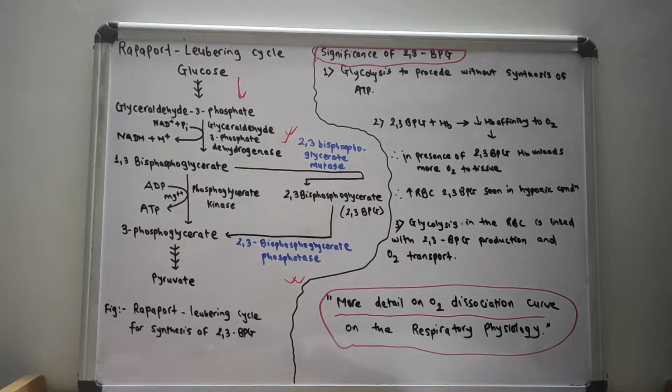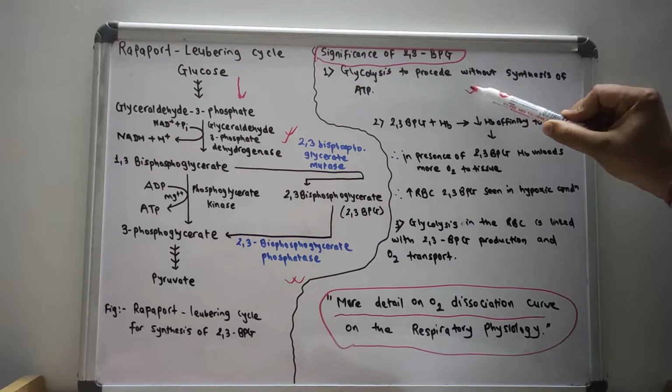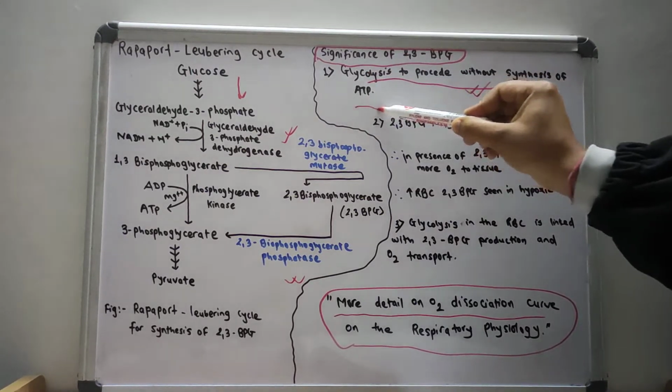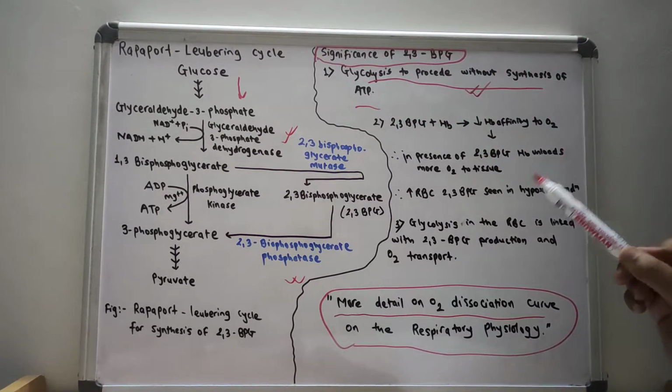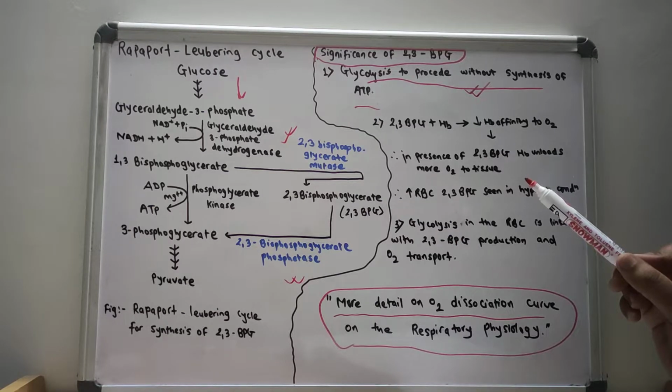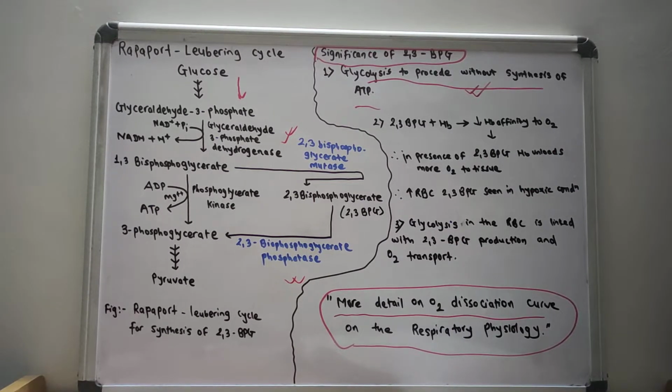First of all, the production of the 2,3 bisphosphoglycerate allows the glycolysis to proceed without synthesis of the ATP. This cycle is therefore the shunt pathway of the glycolysis to dissipate or waste the energy that is not needed by the erythrocyte. That means excess energy is dissipated by this cycle.